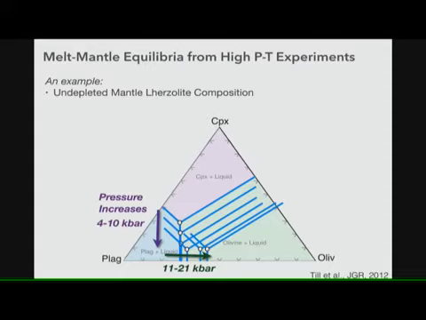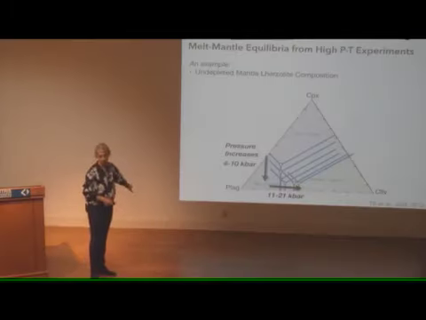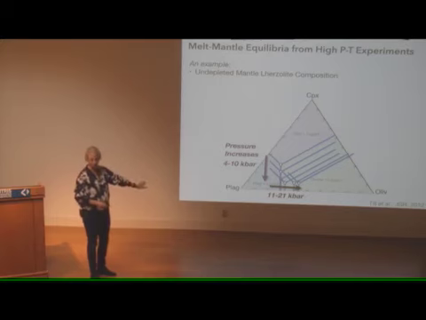Just a really simple and quick question. You don't depend on composition at all, other than you just need all the minerals present? So there are ways in which the bulk composition matters, and I have some figures to show that in a few minutes. But in this example, I'm using a fixed bulk composition, so I'm not varying it at all.